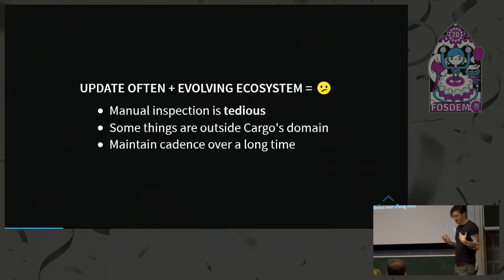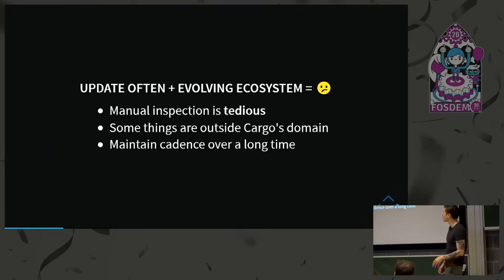So the problem that comes with this is that the crate ecosystem is moving quite quickly. We're updating quite frequently, and you can't just look at the cargo lock file or cargo tree or license hound all the time. It's extremely tedious. And while cargo gives some tools, it doesn't give you a complete picture of the crates, because people have different use cases and different requirements, and it's up to you.